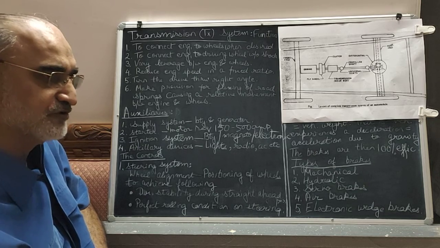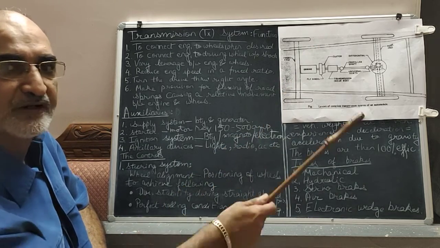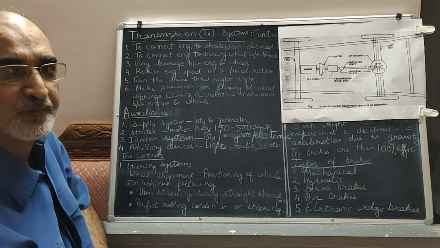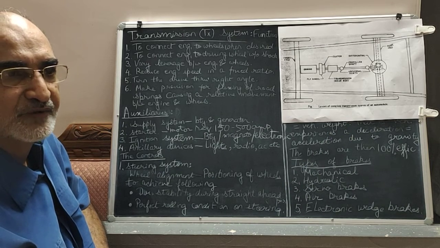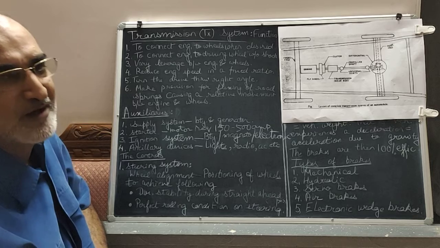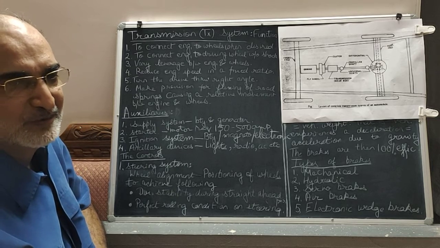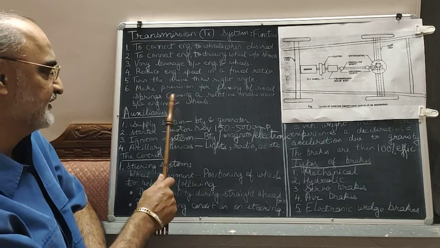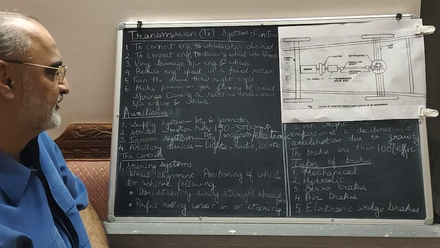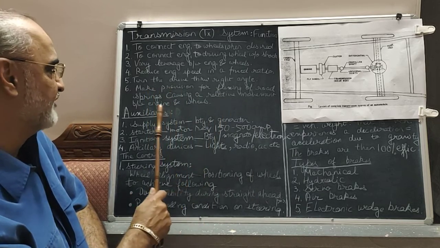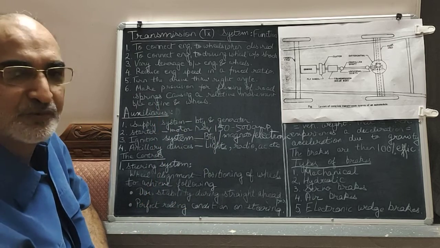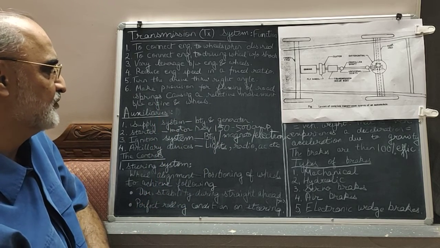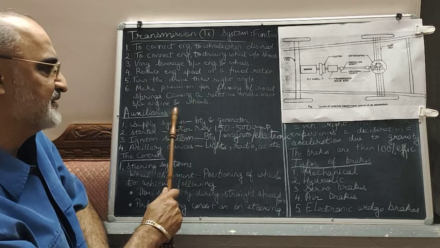Thump, thump, thump. It just jumps up and down, because there are no road springs. If there were no road springs in a car, you can well imagine if someone is traveling, he will be tossed around, the head hitting the ceiling repeatedly. So, this is the meaning of this. You have to make provision for flexing of road springs. Road springs are meant to be flexed to cause a relative movement between the engine and the wheels.